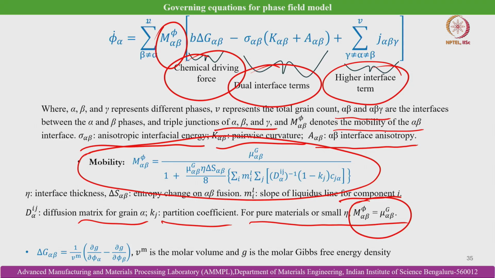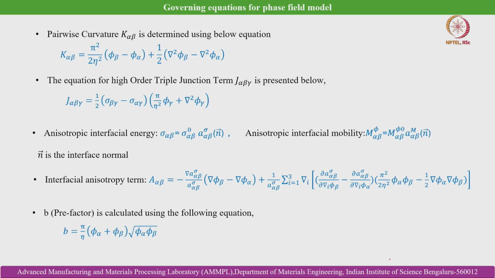And ΔG_αβ, that is the free energy change, which is the driving force for the phase transformation, is equal to 1 by ν^m into ∂g/∂φ_α minus ∂g/∂φ_β, where ν^m is the molar volume and g is the molar Gibbs free energy density. Okay. So, what is pairwise curvature?